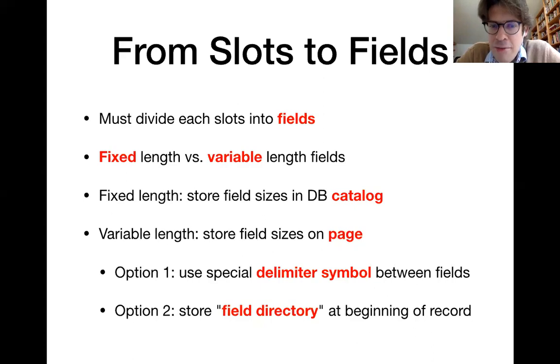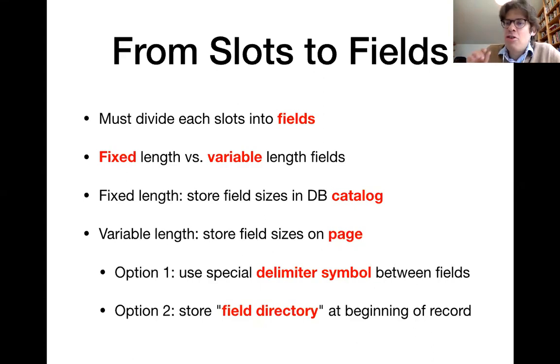Variable length entries make things a little bit more complicated again. And here we have two possibilities. The first one would be to use some kind of specialized delimiter symbol in order to separate the data from different fields. Another possibility is to use, again, directories.